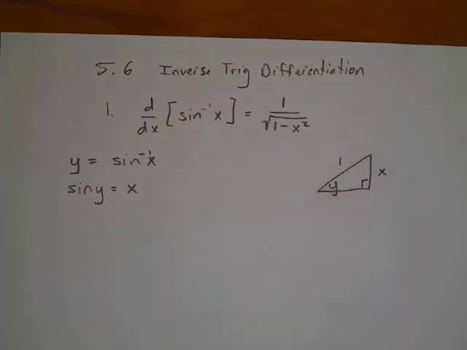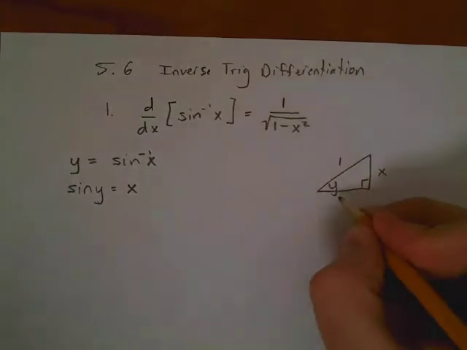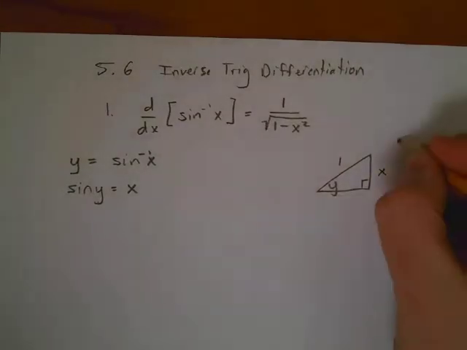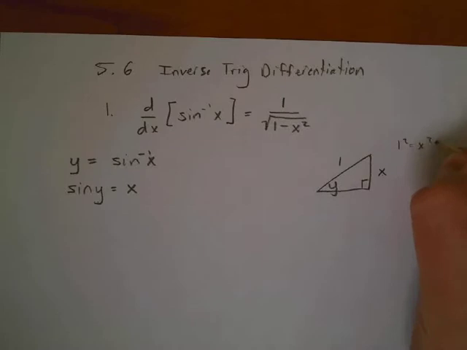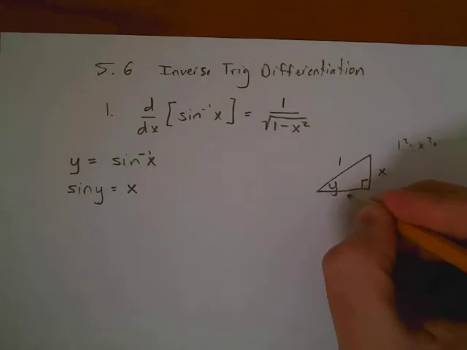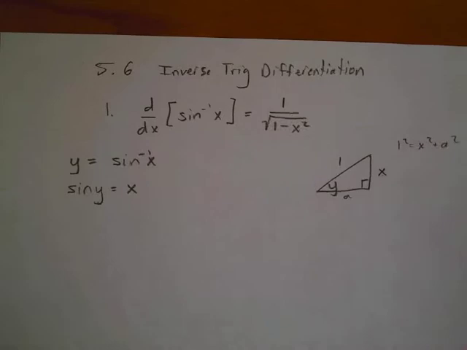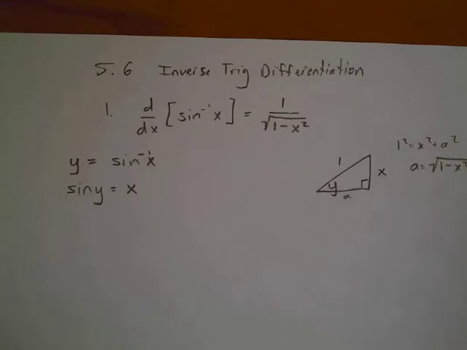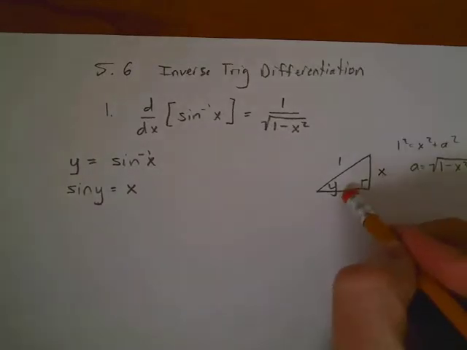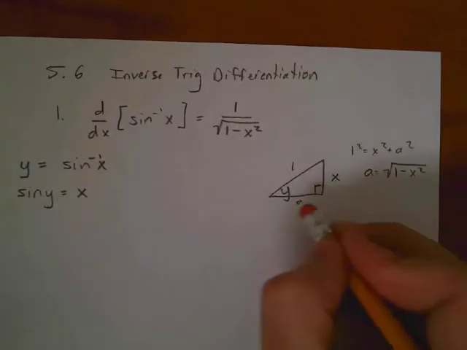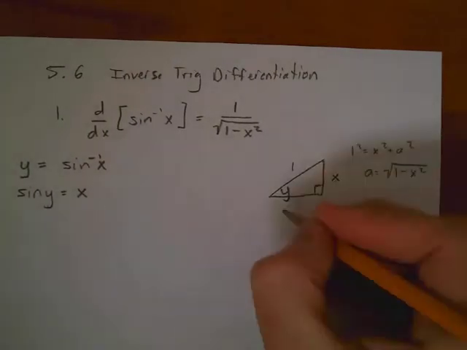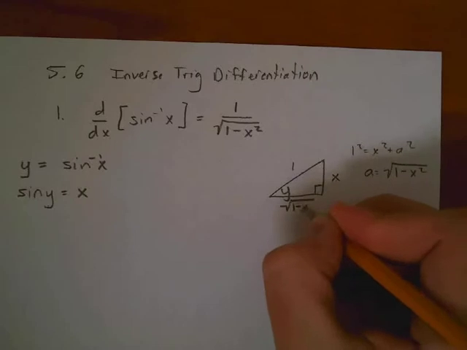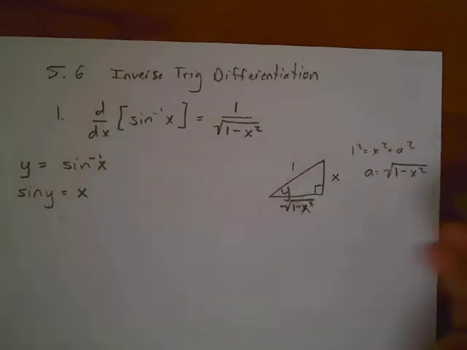With that said, we can find the third side of our triangle using the Pythagorean theorem. 1 squared equals x squared plus, we'll call this a, squared. Solving for a, you get a is equal to the square root of 1 minus x squared. So down here, we just have the square root of 1 minus x squared, and that's going to come into play later on.